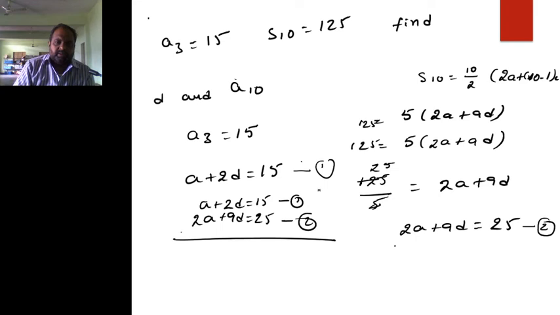Now I am multiplying the first equation with 2, then the third equation will become 2A plus 4D is equal to 30. Now 2A plus 9D is equal to 25.